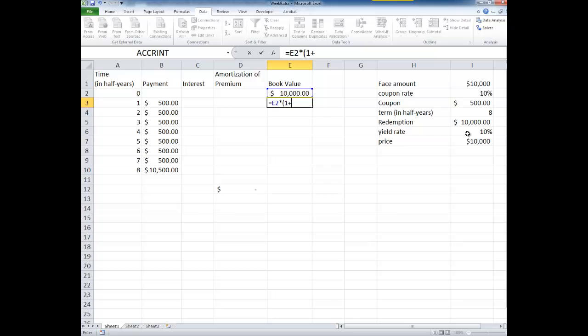The rate that I want to, the interest I want to make on this investment. Now that it also will be given as an annual rate, so I need to divide that by 2 to make it a 6-month rate.